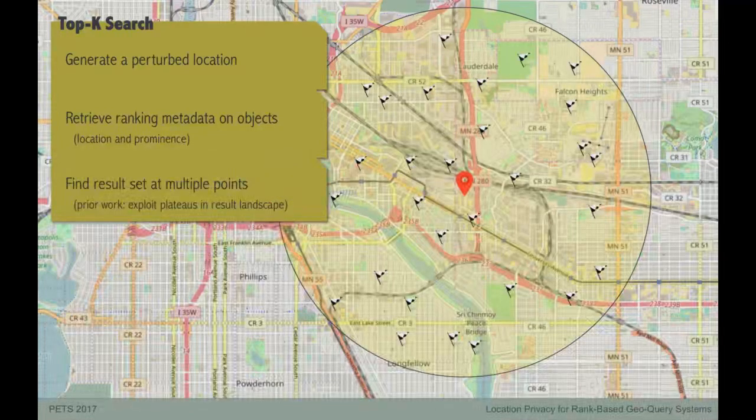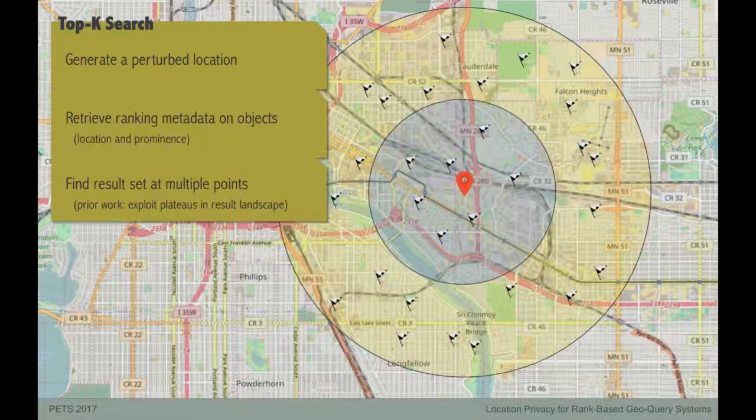Then we locally compute the ranks for all these POIs using that location and prominence information. In the paper, we talk about the nature of the ranking function. If the ranking function is more or less linear, then you can do this ranking without revealing what the function is.